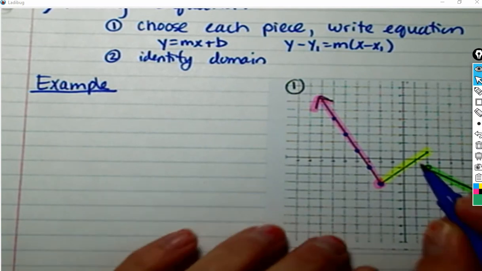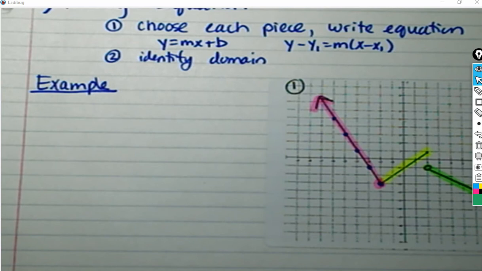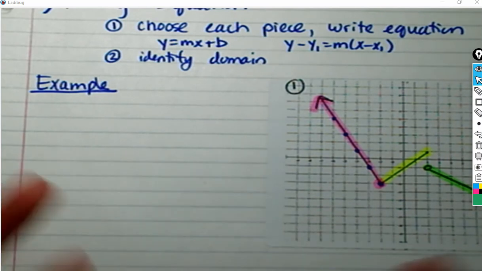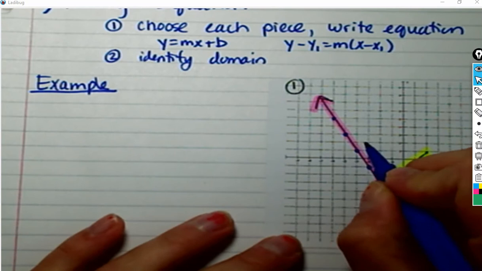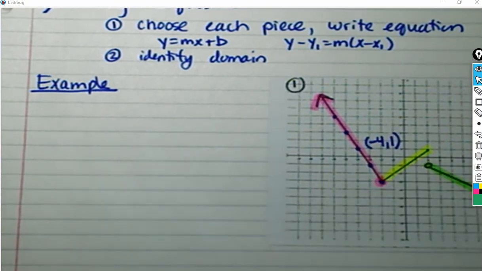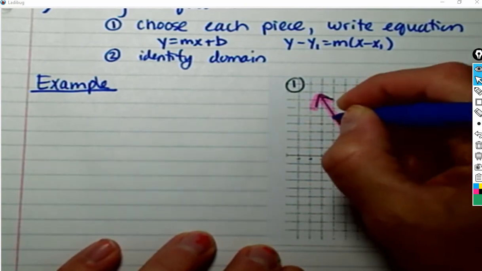I identified a couple points. It doesn't matter which one you use. Any point will do. I would prefer smaller numbers rather than bigger numbers, so I think I'm just going to go with this one here: -4, 1. That's it. Pick any point that is on the grid lines.